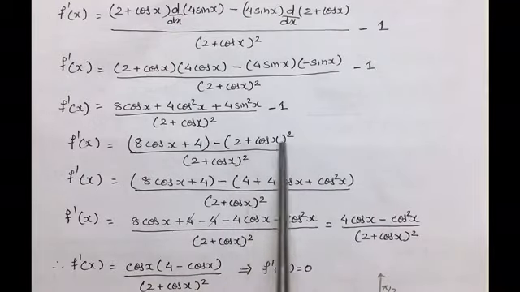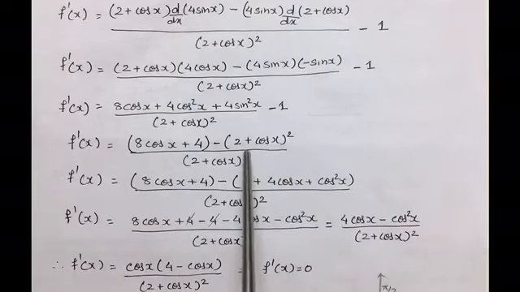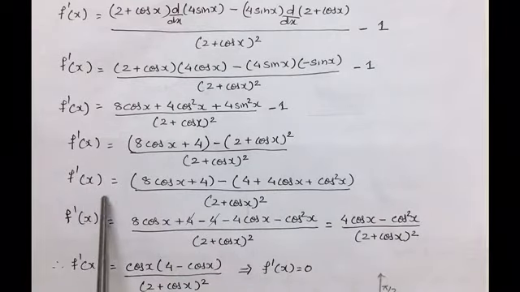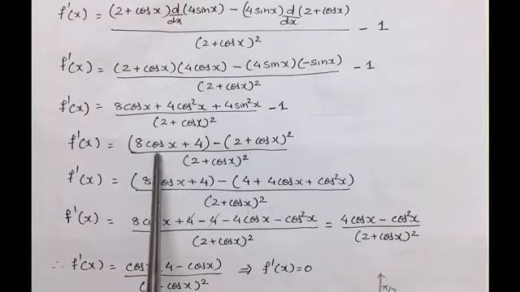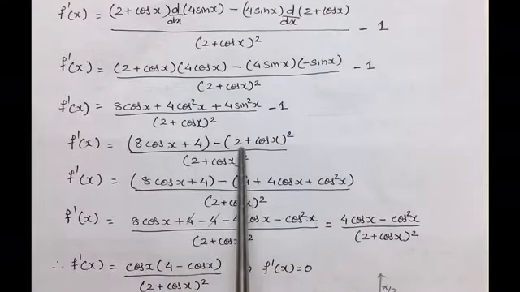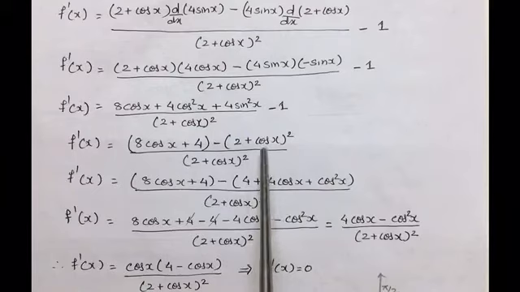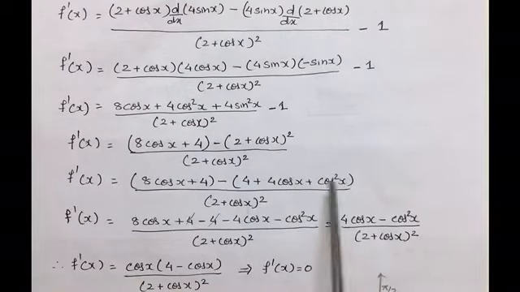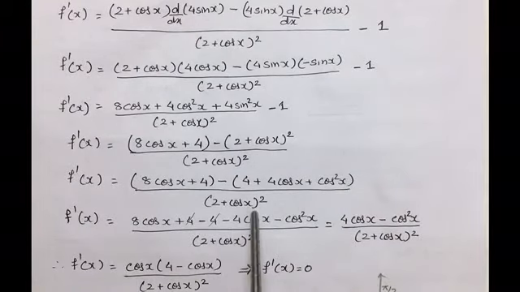Using the (a + b) whole square formula and expanding this bracket, we get f'(x) is equal to (8 cos x + 4) as it is minus (4 + 4 cos x + cos square x), whole divided by (2 + cos x) whole square.